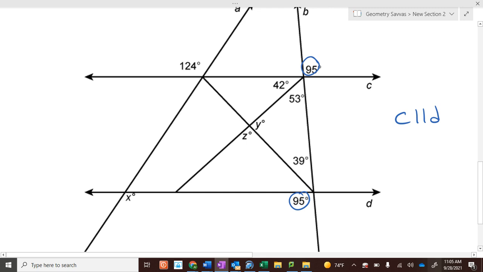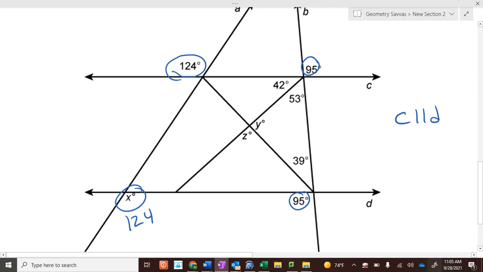Since C and D are parallel, how can we figure out how big angle X is? 124 and X are alternate exterior angles, so they must be congruent. So X has to be 124.